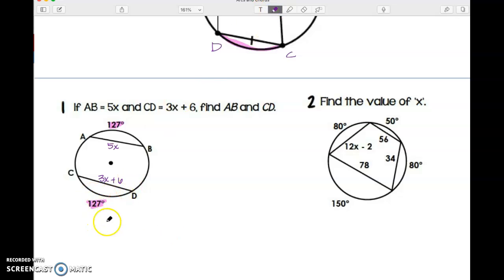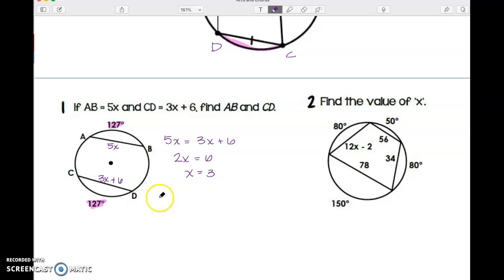So AB is creating the 127, CD is creating the 127 at the bottom of that circle. Again, if the arcs are congruent, they're both 127, that means the chords that make them also have to be congruent. If they're congruent, we can set the algebraic expressions equal to each other, and then solve for x. But the question says to find AB and CD, which means that we're finding the length.